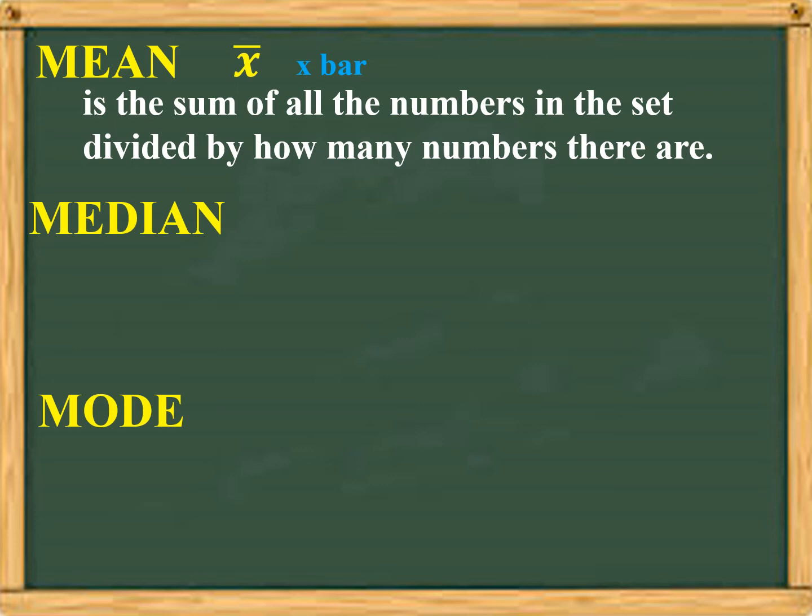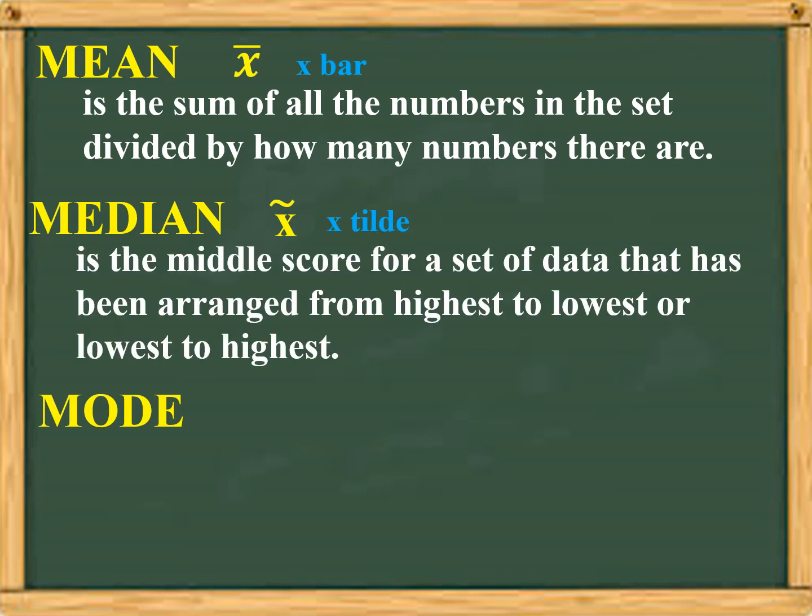So now let's have median. Our symbol for median, we have X tilde. Median is the middle score for a set of data that has been arranged from highest to lowest or lowest to highest. Always remember that when we are talking about median, we are referring to the middle score or middle data.